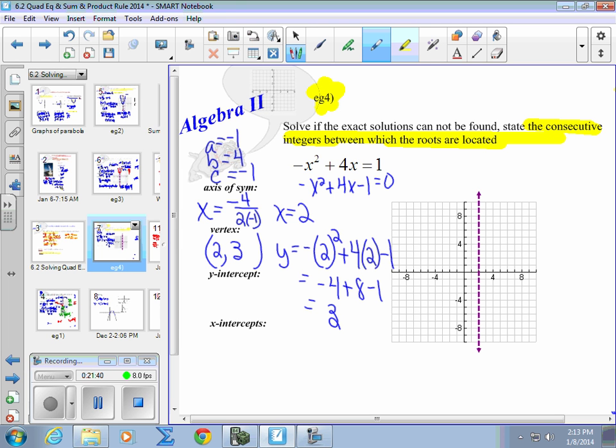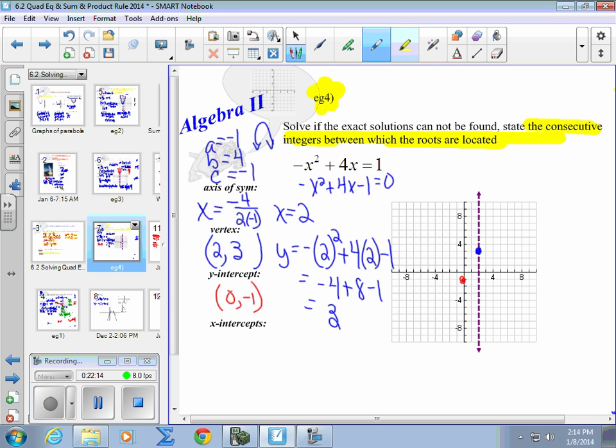Does our curve face up or down? Faces down, because A is a negative number. So we have our vertex at (2, 3). The y-intercept is 0 and C, so (0, -1).